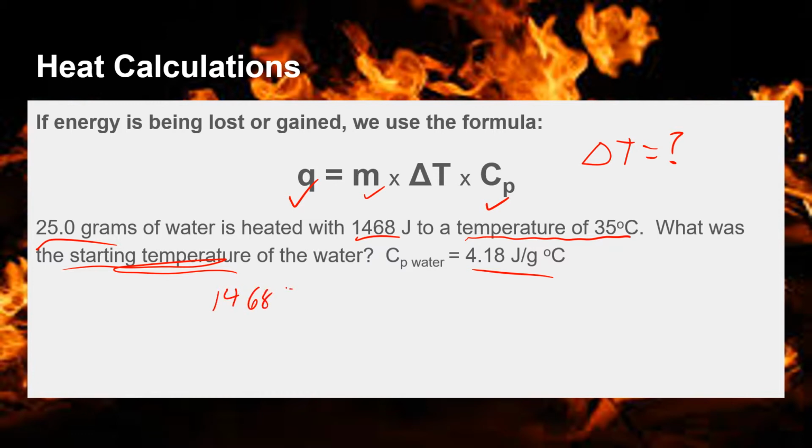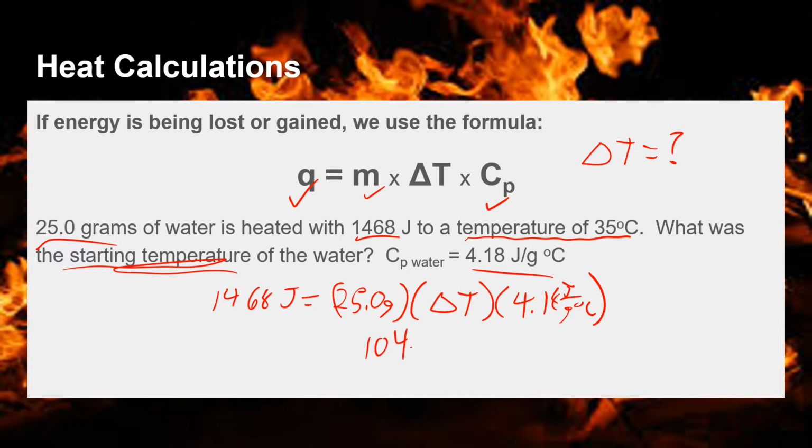So 468 joules is our heat. Our mass is 25 grams. And our delta T is what we're looking for. And our specific heat is 4.18 for water. That's joules per gram degrees Celsius. So to find delta T, we're going to multiply 25 and 4.18, which is 104.5.